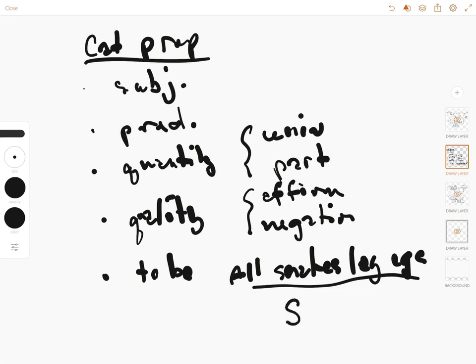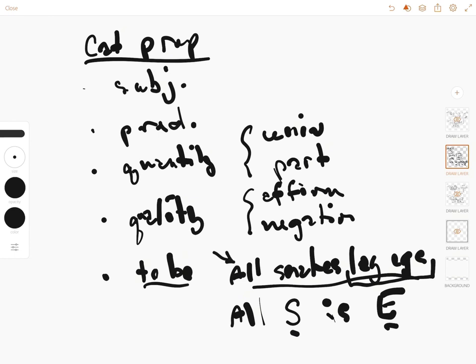So we could use S for that. But what's the predicate term? Well, if you think about it, the predicate term could be stated as egg layer. Let's use E to stand for egg layer, and then in that case we can say all members of S are, is, whatever, this is a form of the verb to be, is a member of the category egg layer.